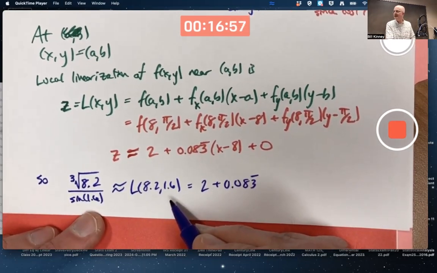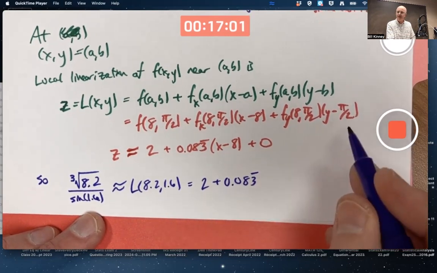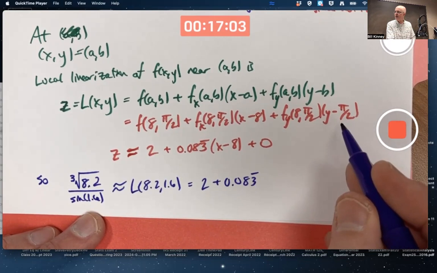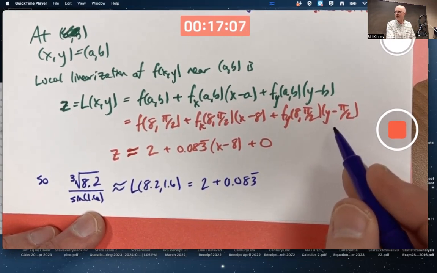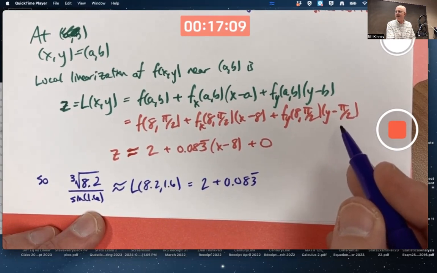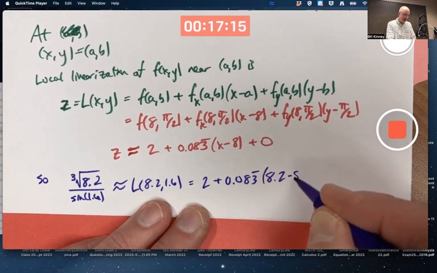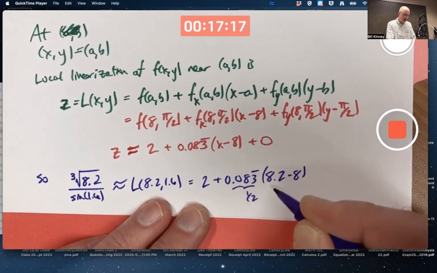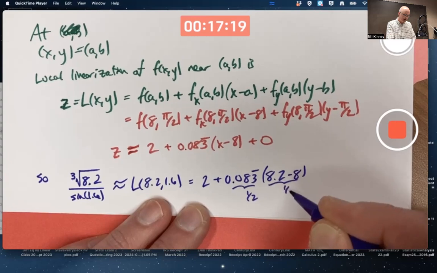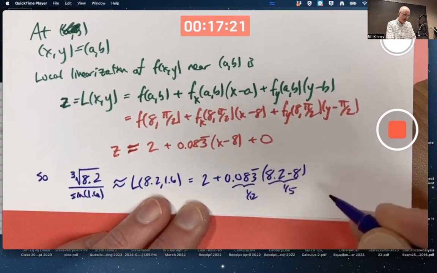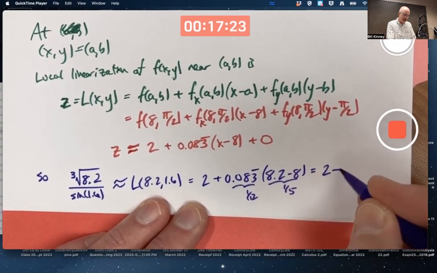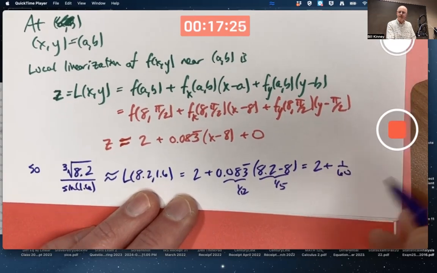I was imagining I might need to do that, with pi over 2 being about 1.57, giving me about 0.03. But I don't even need to do it. I just do the 8.2 minus 8, and that's 0.2 or a 1/5. Times 1/12, it looks like the answer is 2 plus 1/60th.